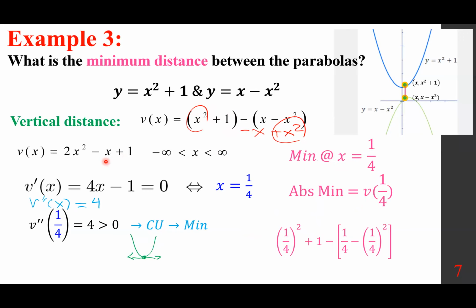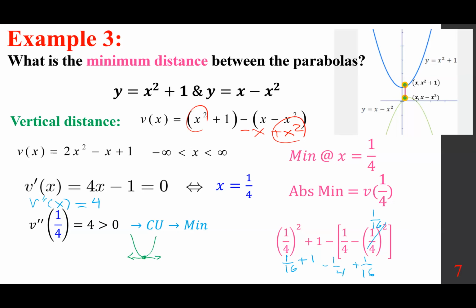Maybe easier that I go with minus 1/4 and plus 1/16.